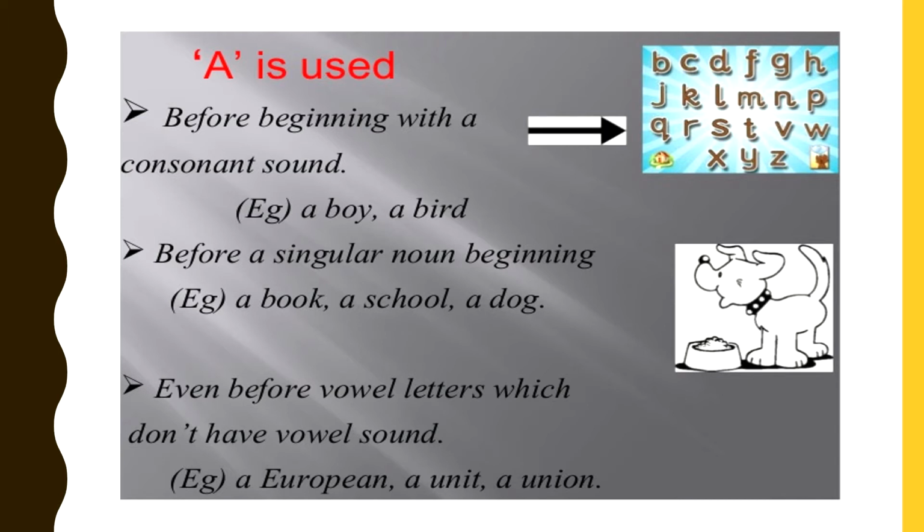Because it is used before a singular noun beginning with a consonant sound. That means for any general singular nouns, we are not talking about a particular noun. That's why article a is called an indefinite article.